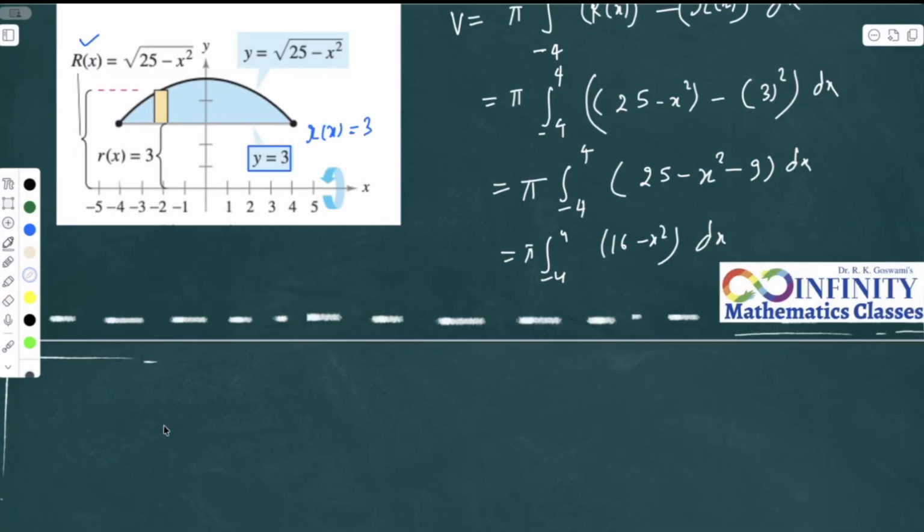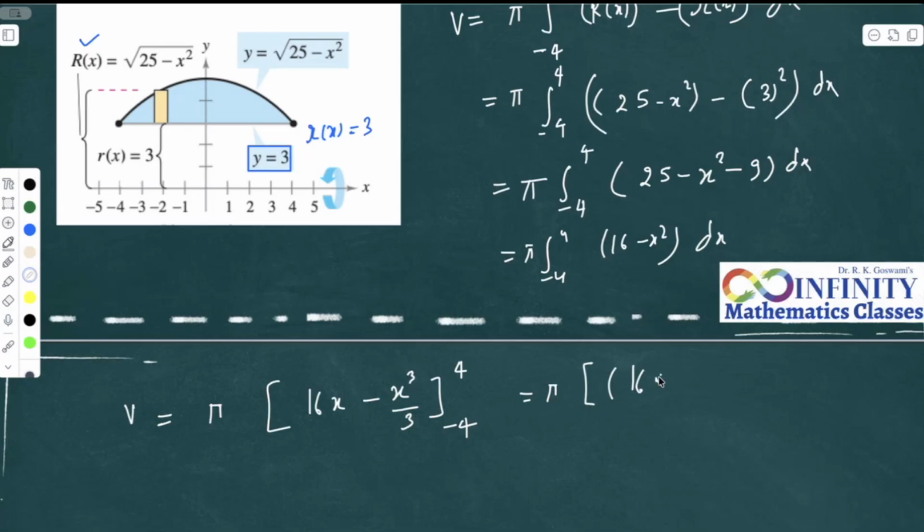And if I ask you to just integrate, it is going to be 16x minus x cube by 3, with the limit from -4 to 4, right? Now just plug the values. The upper limit is going to be 16 into 4 minus 4 cube by 3.